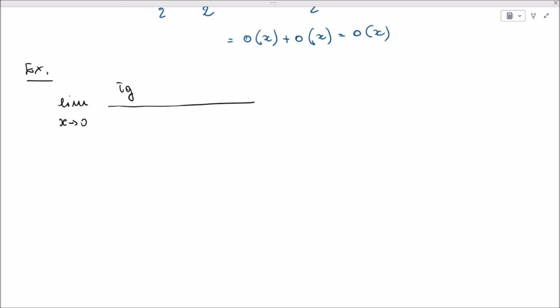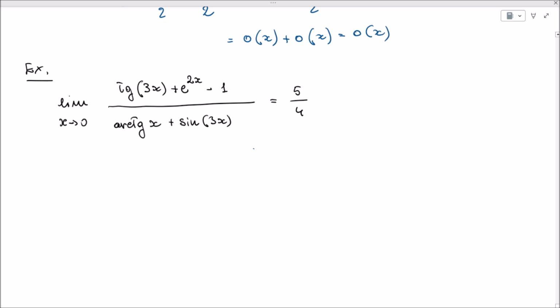Tangent of 3x plus e to the 2x minus 1 divided by the arc tangent of x plus sine of 3x, right? And I can immediately say that this limit is 5 divided by 4. Okay, how can I do this? I will explain now.